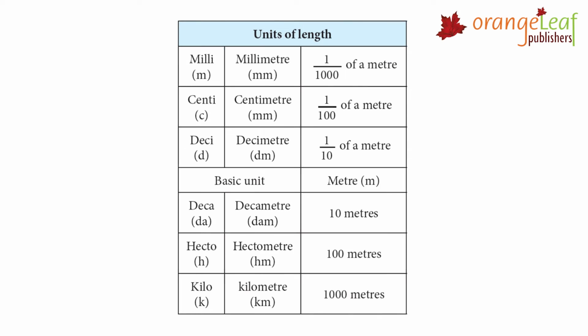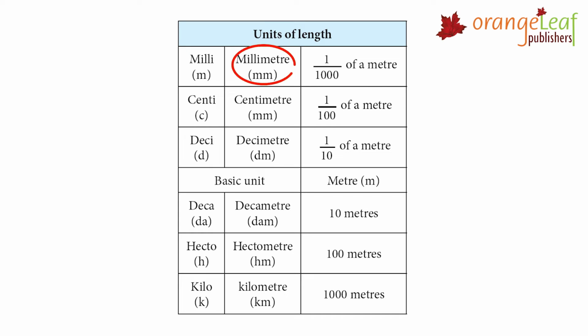These tables show the relation between different units of measurement of length, mass and capacity. So let's have a look. Here is the relation between the units of length. You can see there are other units that help convert units from bigger to smaller units, and vice versa.